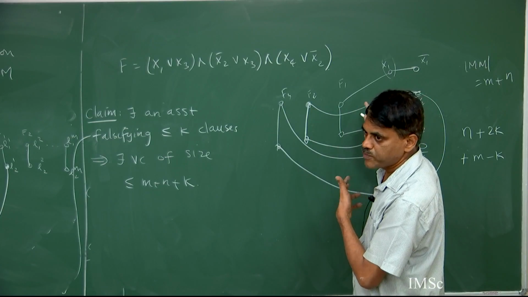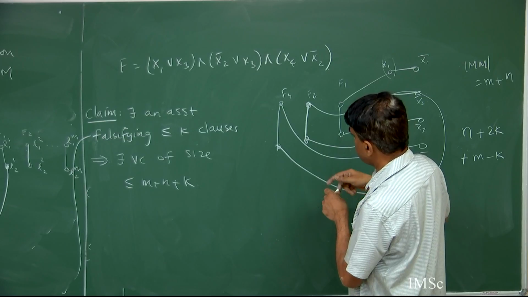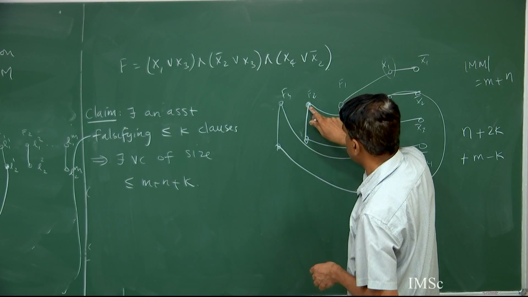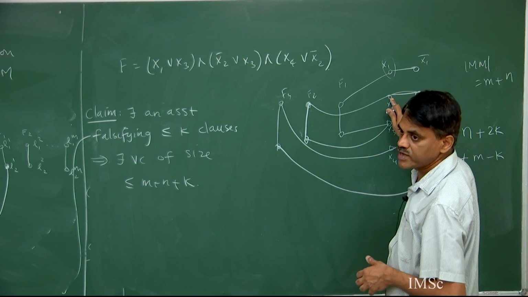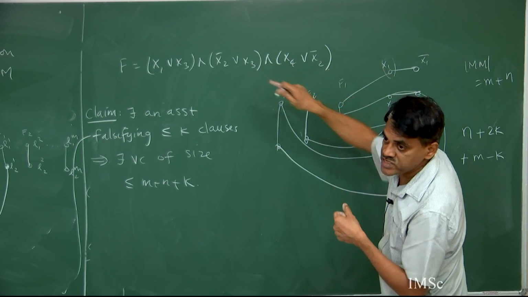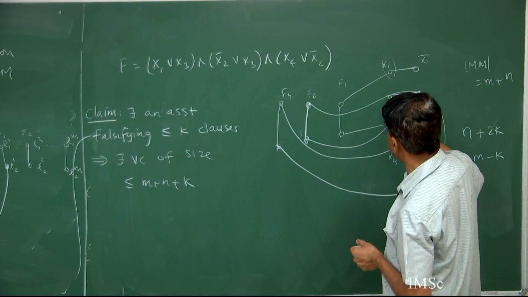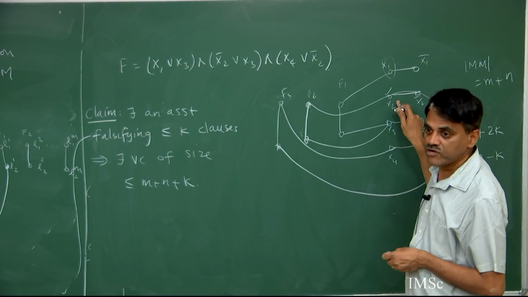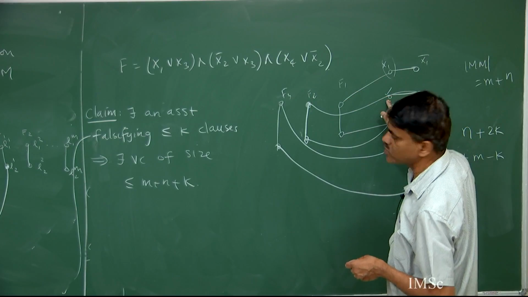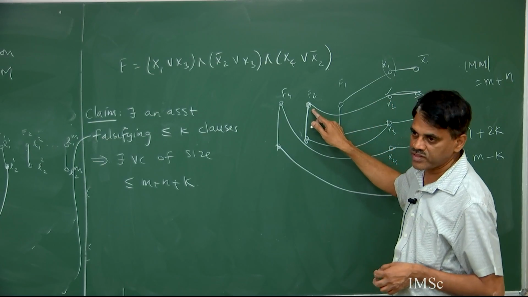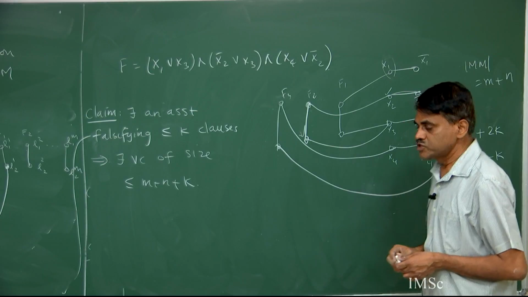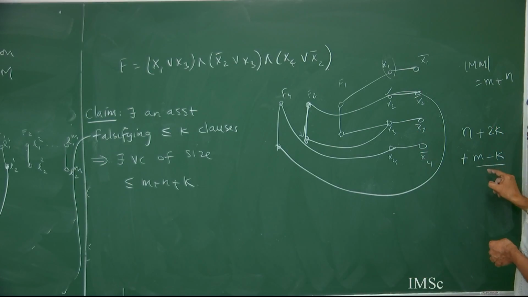Suppose this corresponds to this literal and I have already picked it, or in other words, that literal satisfies that clause. That means all these edges, in particular this edge, would have been covered by that vertex. So, I do not need to pick that vertex, I will pick the other vertex into my solution.